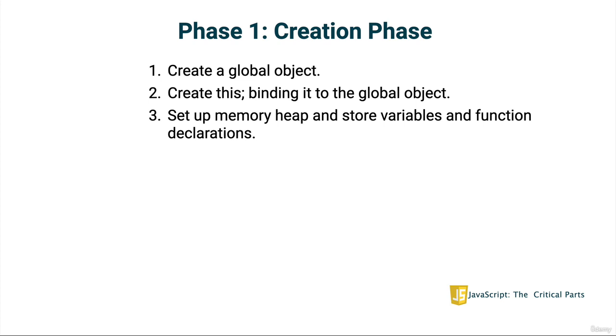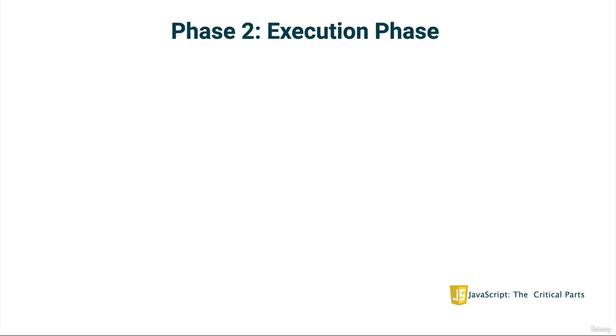Now, the second phase is the execution phase. Knowing that variables and functions are stored in memory before the lines of code are executed, before the code is run, is an important thing to be aware of. That is happening in the creation phase. Then phase two, it executes code line by line.